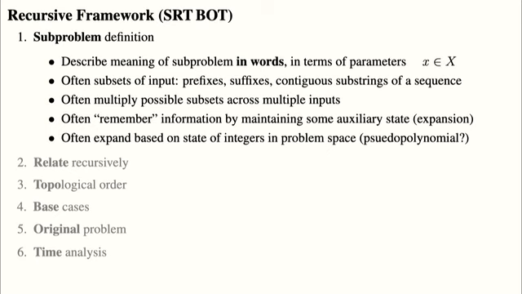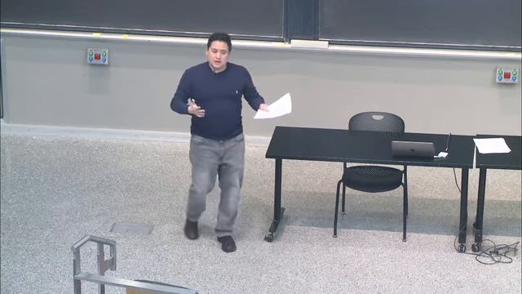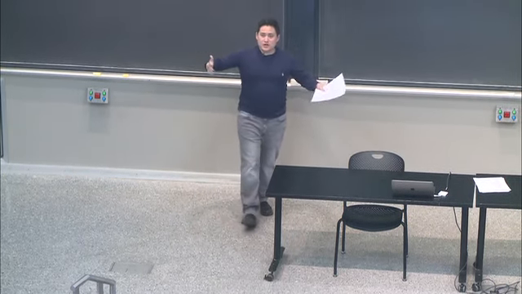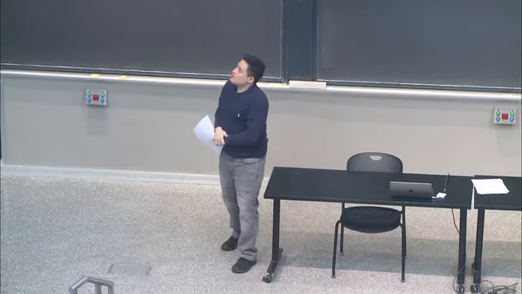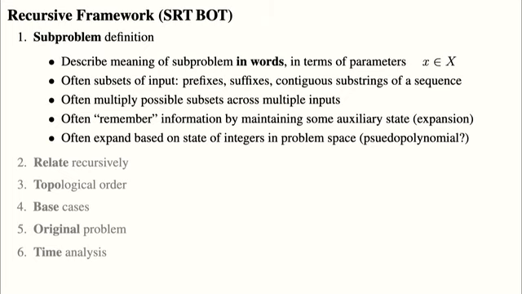And so really those indices are integers in our problem that we're looping over, except those integers happen to be the size of our subproblem, whereas other integers might be larger, which is why you might get a pseudo-polynomial time bound.